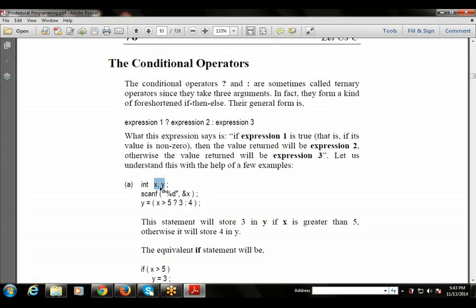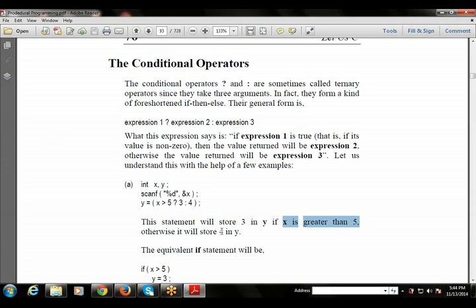So this is the condition: if x is greater than 5, then the output is the value after the question mark, 3, otherwise 4. So if it is greater than 5, it gives 3, otherwise it gives 4. The statement will store 3 in y if x is greater than 5, not equal to 5, that is 6, 7 and so on.